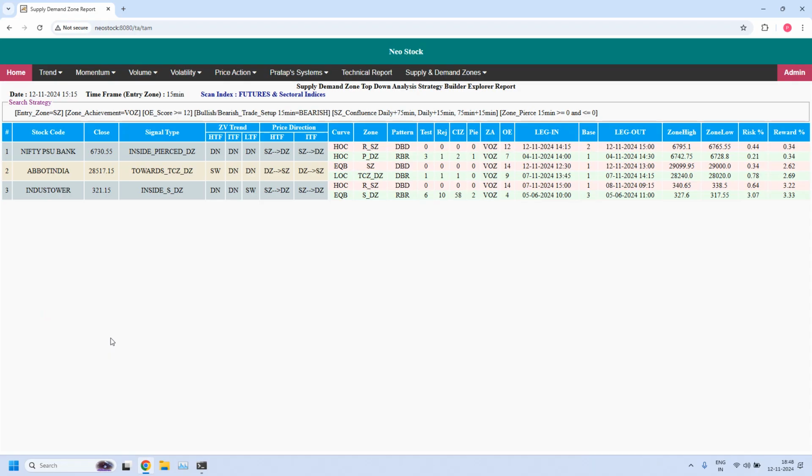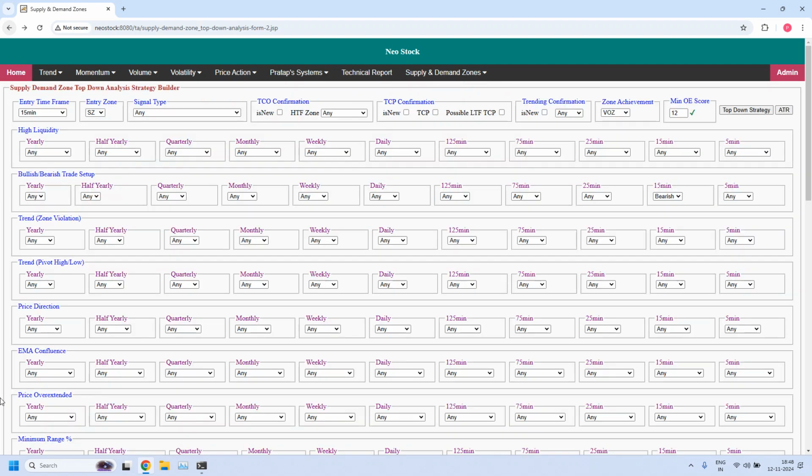If any of these stocks are having EMA Confluence, except the second one, because second one trend is sideways, that could be high probability. The first one or third one having daily EMA Confluence is even more high probability. Let's verify. In the EMA Confluence, daily time frame, daily supply zone with daily EMA Confluence.